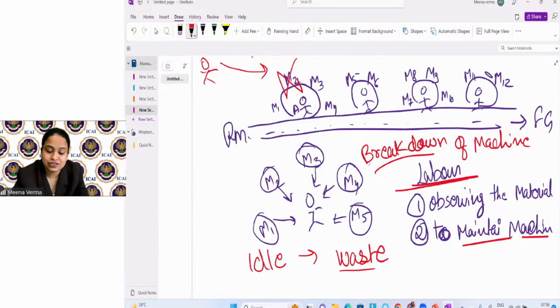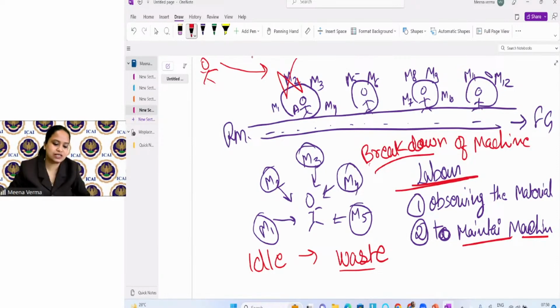Check the internet, check the connections, check the laptop, check all your equipment. The one who is working with the equipment should know so well how the equipment works that he will not allow any interruption or breakdown, because breakdown is a waste.